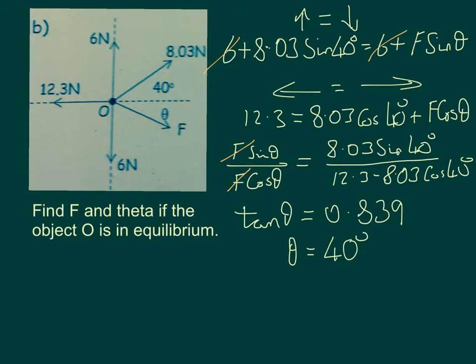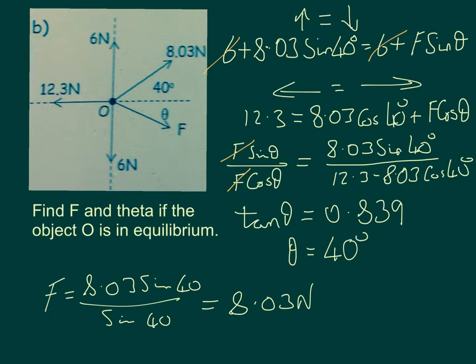And you can see if we substitute in this first equation that the sine of theta, if theta is now 40, and the sine of 40 have the same value. So if they're the same value and they are cancelled out, then F must equal 8.03. So we end up with a totally symmetrical pair of forces, 8.03 up and down.